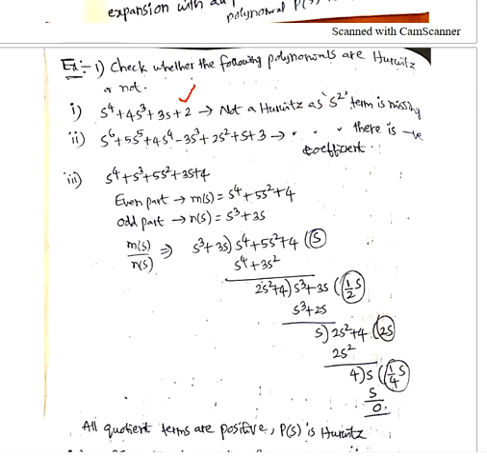Here it is a 6th degree polynomial: s power 6 plus 5 s power 5 plus 4 s power 4 minus 3s cube plus 2s square plus s plus 3. Here also it is not satisfying the first property itself, that is, all the coefficients should be positive for a Hurwitz, and here the s cube coefficient is negative.